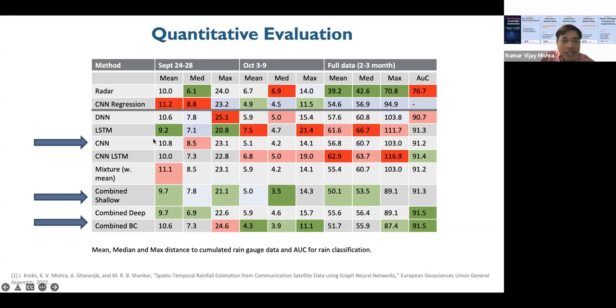So we tried different networks. Eventually, we decided to run multiple networks in parallel, and then take the average output from all the networks. And as you can see, some of these combined cases actually give us better information, because even CNN may fail for certain networks.